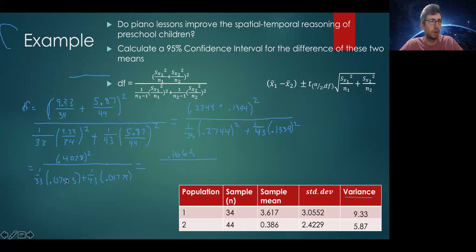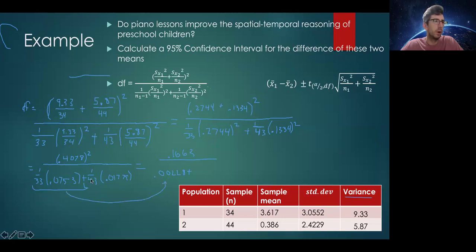So 1 divided by 33 is 0.0303 repeating. If we multiply that 0.0303 repeating by 0.0753, I get a pretty small number, which is 0.00228. So now that's the product on the left-hand side of our plus sign.